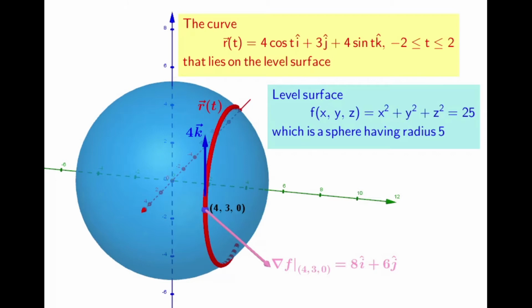So if we consider the tangent lines that pass through (4, 3, 0), velocity vectors are parallel to the tangent lines.